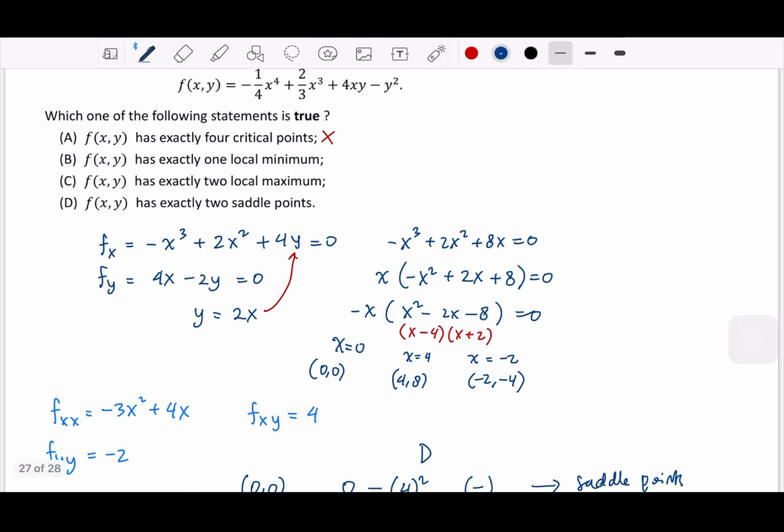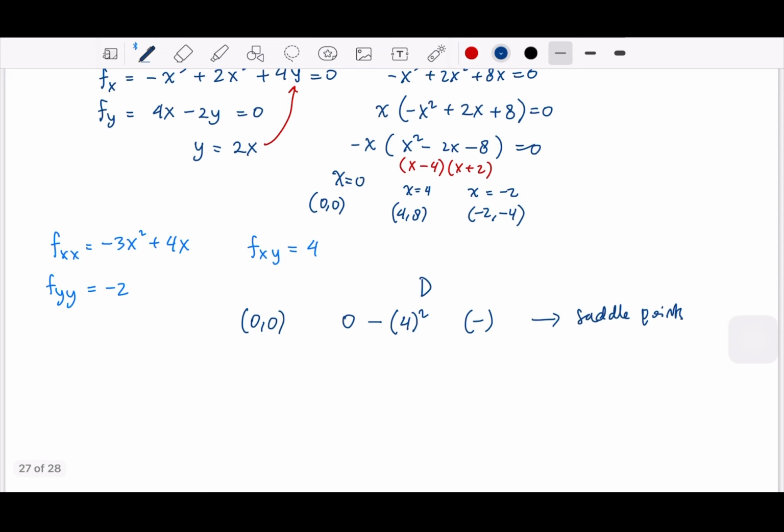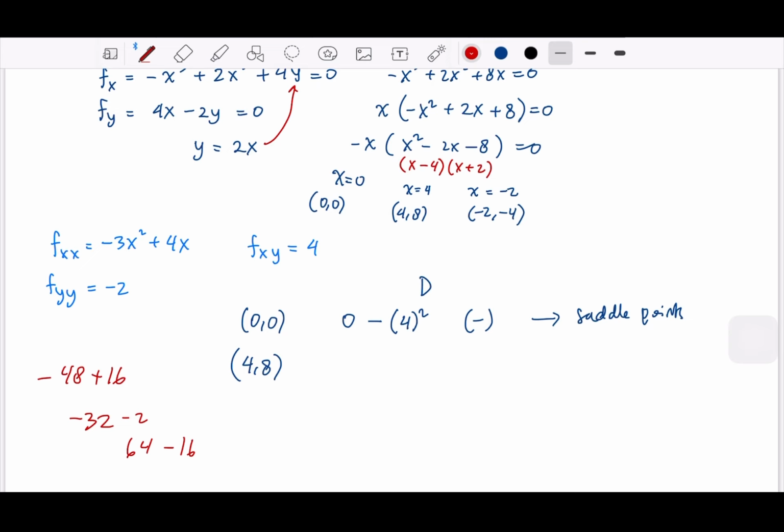Okay. So we check another one. 4, 8. We check 4. 4 squared is 16. Negative 48 plus 16 is negative 32. Negative 32 multiplied by negative 2 is 64 minus 16.